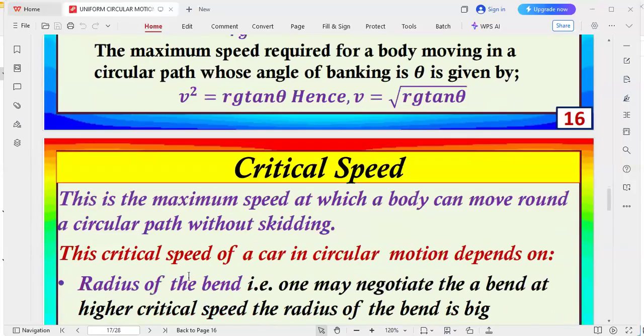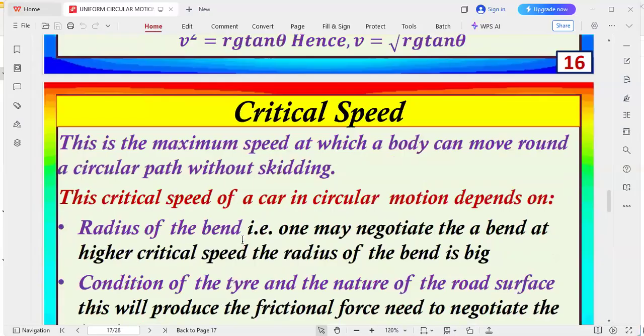Factors affecting this speed are the ones written here. We have radius of the bend. If the bend is so pronounced, then the critical speed is also low. If the bend is not that sharp, the critical speed is also high. Conditions of the tires and nature of the road, because this enhances friction force.